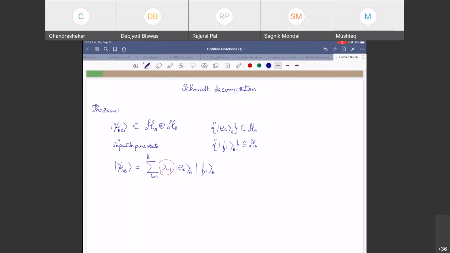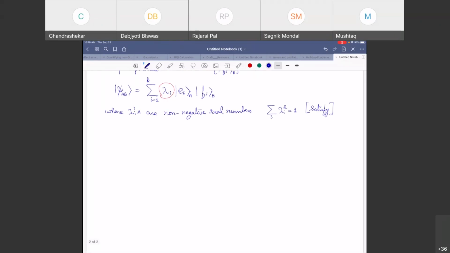These coefficients, the lambdas, are non-negative real numbers, and they satisfy the relation that the sum of lambda_i squared equals 1. So this is the theorem.